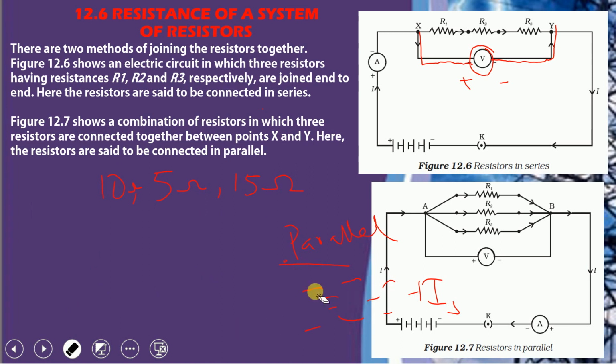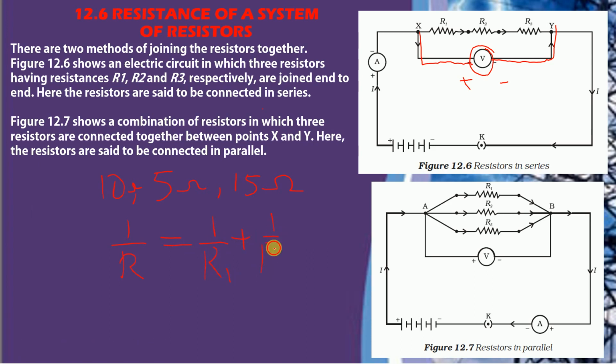Now, while telling about resistance, the resistance of this parallel combination will be like this: 1 upon R, the resultant resistance, will be 1 upon R1 plus 1 upon R2 plus 1 upon R3. It's a derivation; how to derive it you will see in the next class.